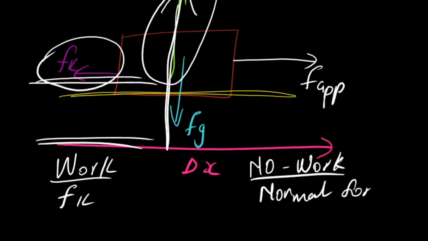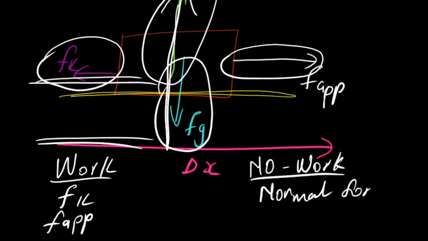Now let us look at other forces which do work. We can see that the force applied is parallel to the displacement, so work is done by the force applied. Now the last force, which is the force of gravity: there's no work done because it's perpendicular to the displacement.